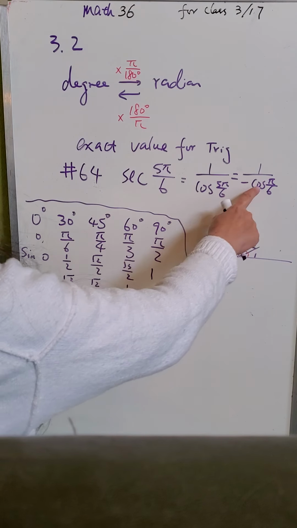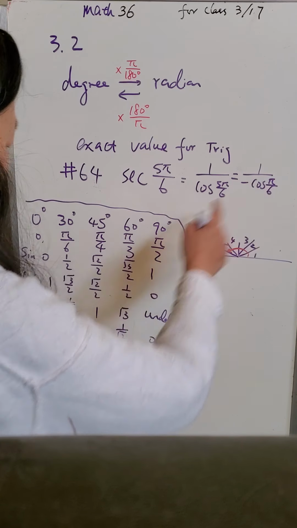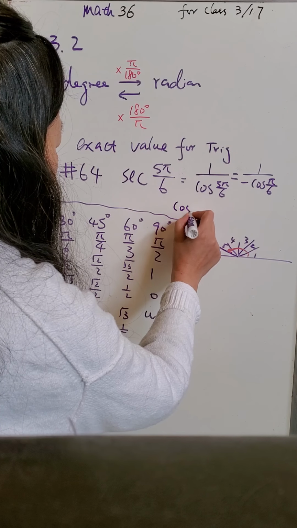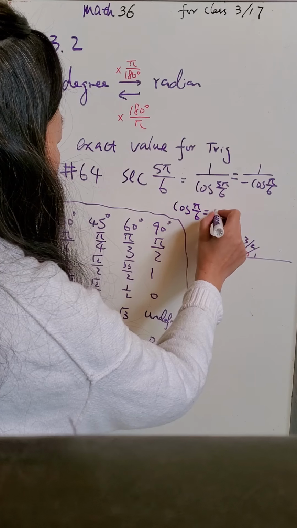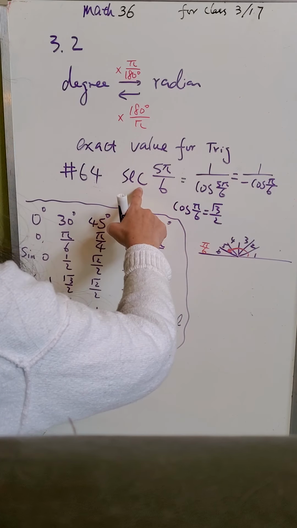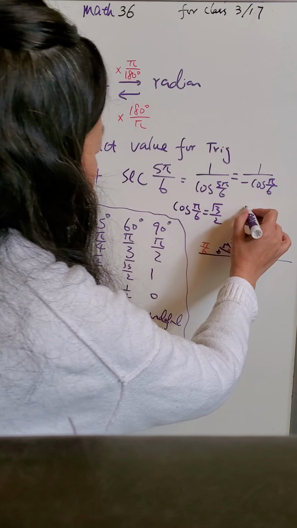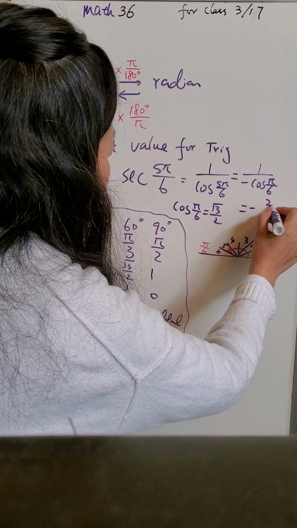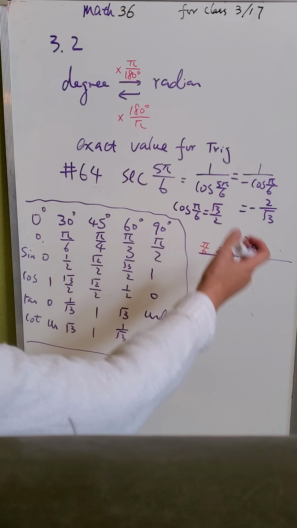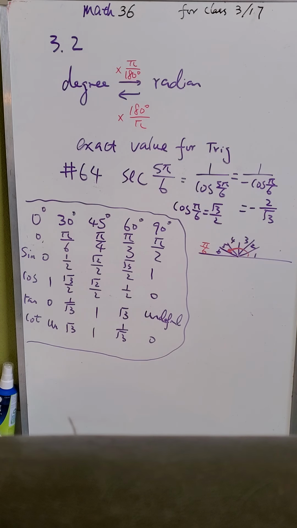You flip that, and 1 over it becomes negative 2 over square root 3, and you can just leave your answer like that. You don't need to rationalize it if you don't want to.